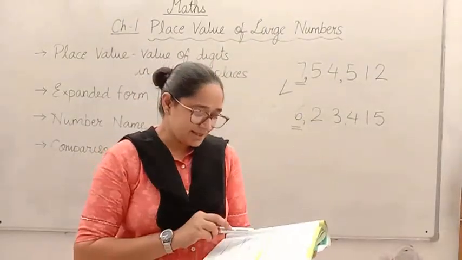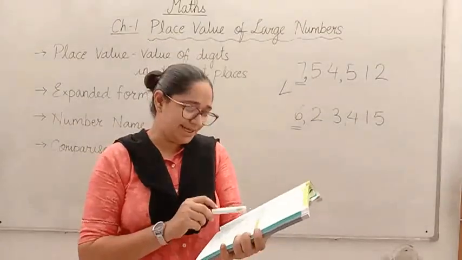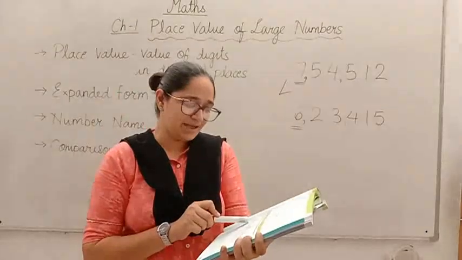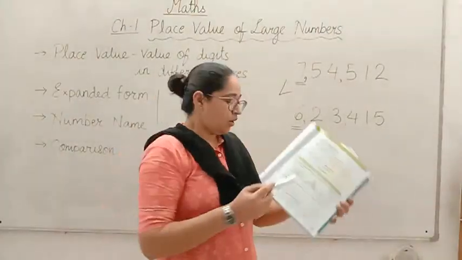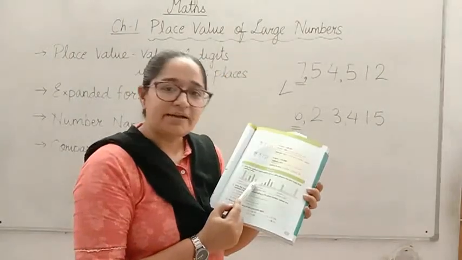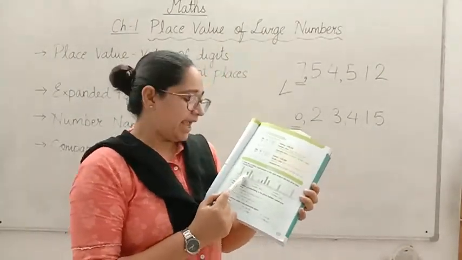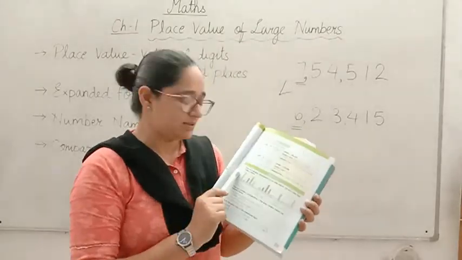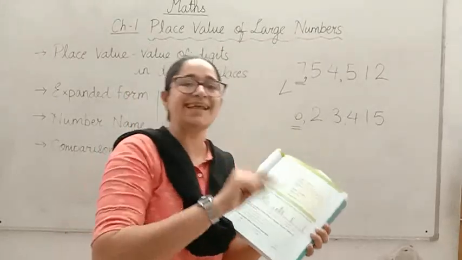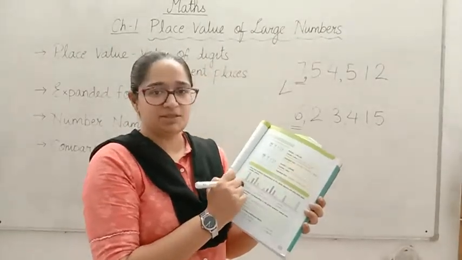Now in this abacus, in the bottom line you will see TTH, TH, H, T and O written. So what does that mean? O will be standing for ones, T for tens place, H for hundreds place, TH for thousand and TTH for 10,000. Okay, so that is your place which is given.